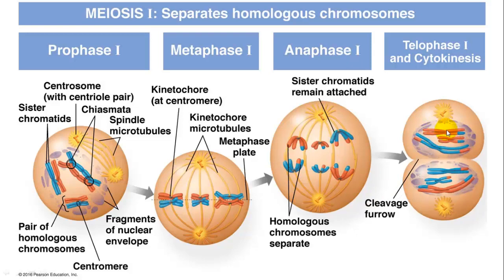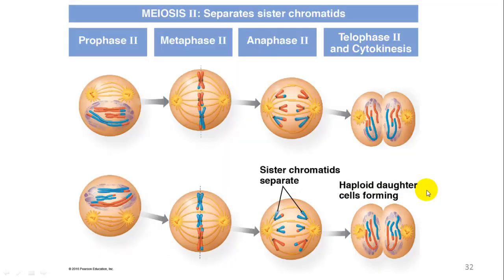So they still are aligned in their tetrads. And then in meiosis 2 is when they line up and the sister chromatids actually separate. But they've already gone through random assortment and crossing over, so now you have 4 haploid cells, and each of them has a unique combination of genes. And that's it.